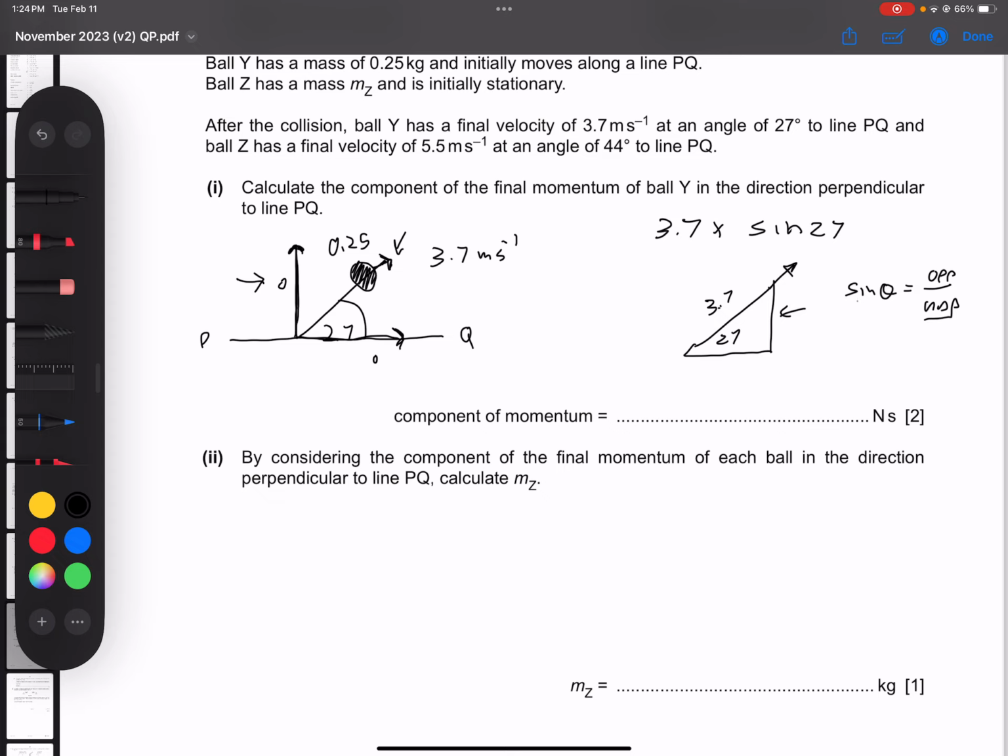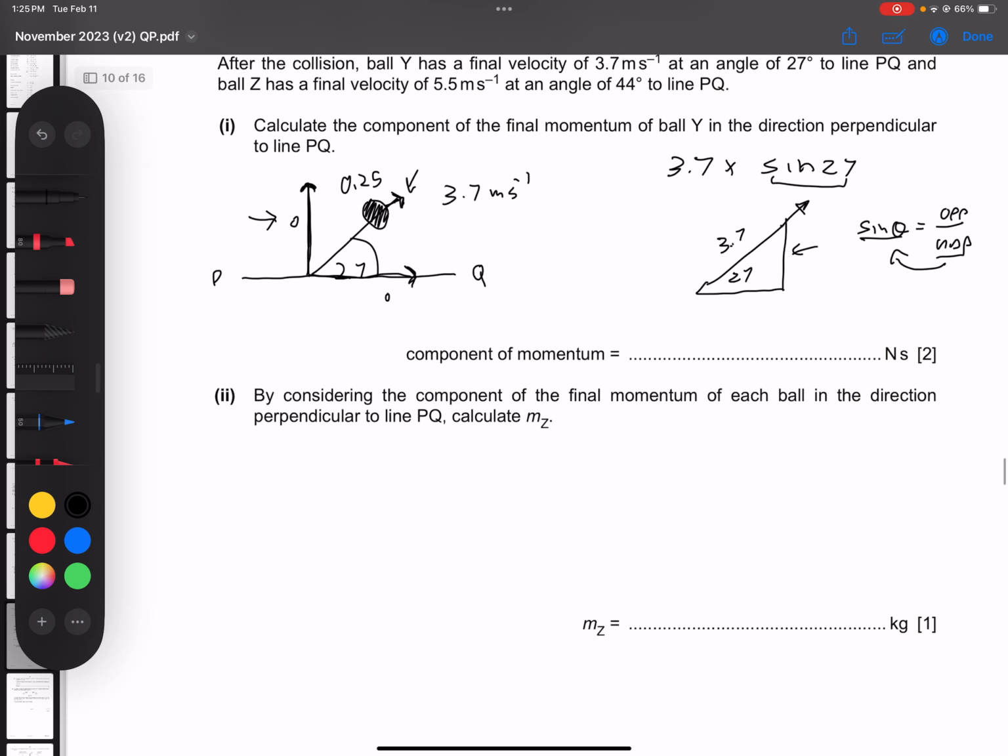We have the hypotenuse and we have the sine theta value. So when we bring the hypotenuse up to find the opposite side, we get this multiplying thing. Sorry if I'm explaining too in depth, I just want everyone to understand. So 3.7 into sine 27 gives us an answer of 1.68 meters per second. That's our speed vertically.